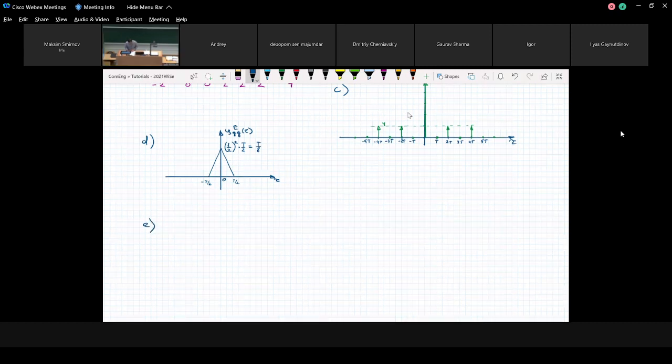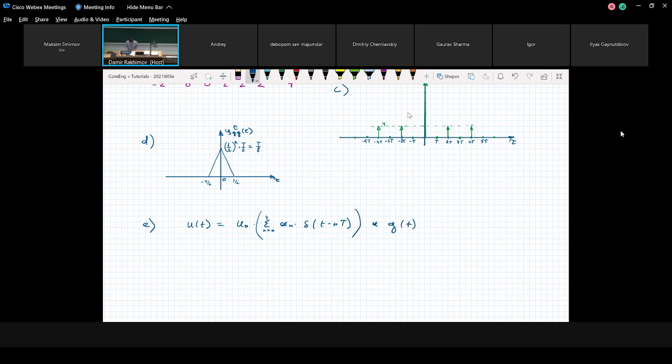So determine the autocorrelation of our original signal. Now we need to find the autocorrelation of our original signal, which I want to remind you is a summation of a_n times delta pulse t minus n, delta pulses, and then it's convolved with our pulse shape.